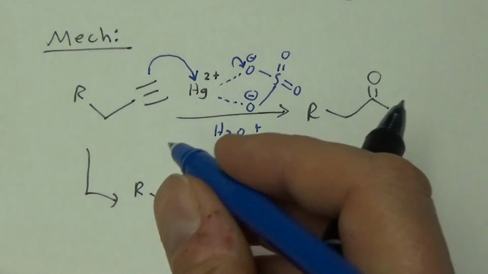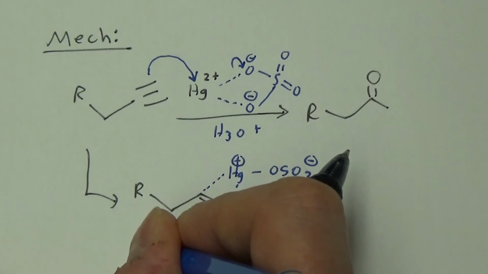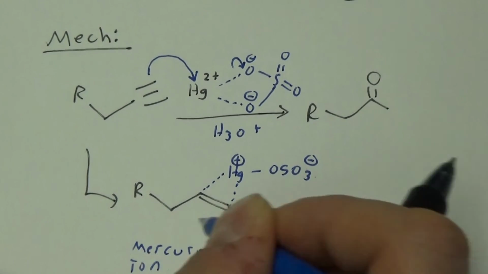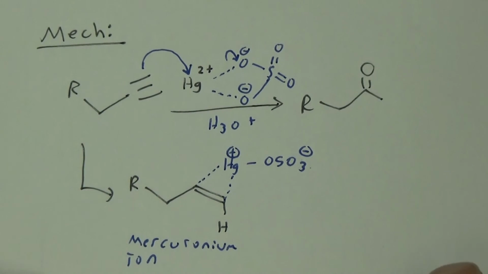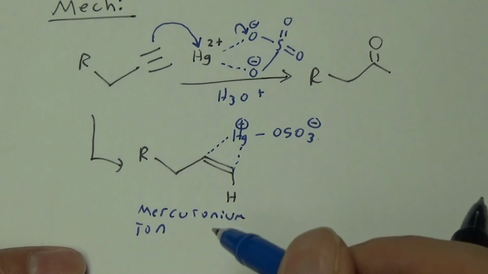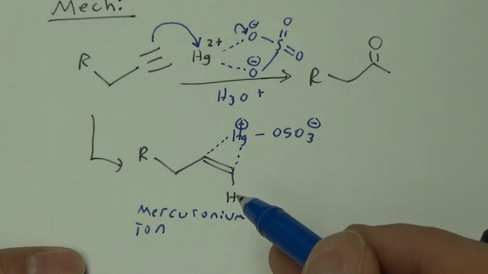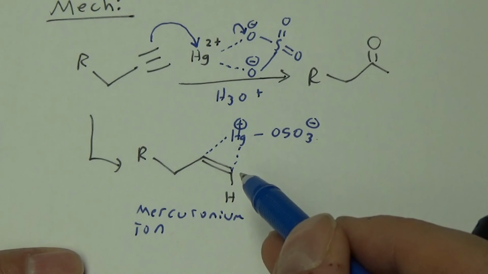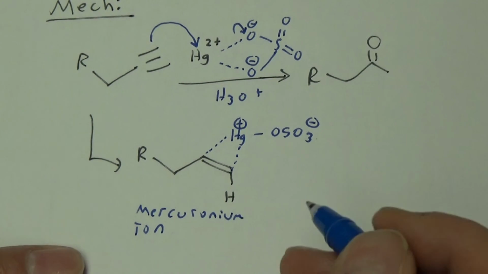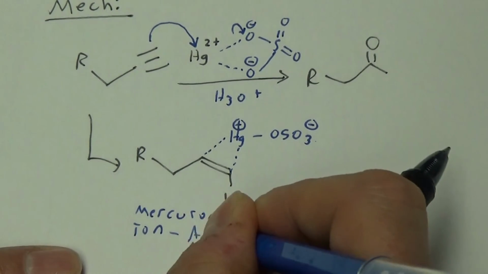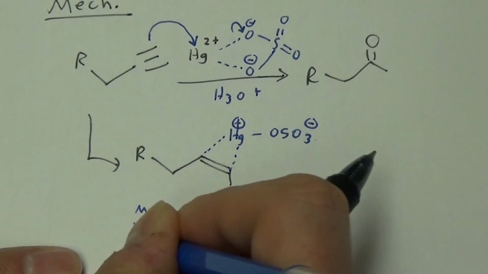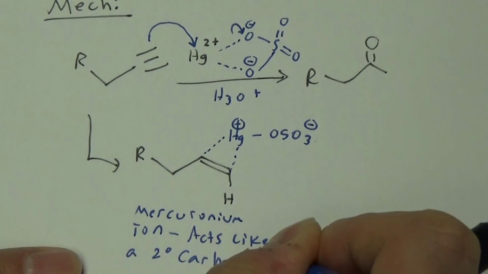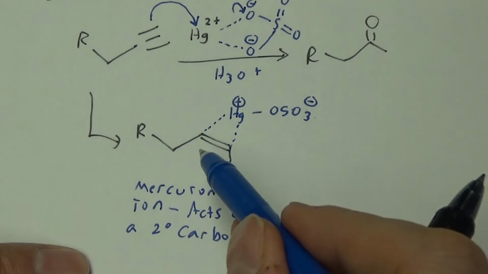Well, it's a mercuronium-like species, a mercuronium ion. And just like we saw before with the alkenes, it acts like a carbocation on the internal position, not on the terminal position. So it acts like a secondary carbocation, and by secondary carbocation, I mean the internal position.